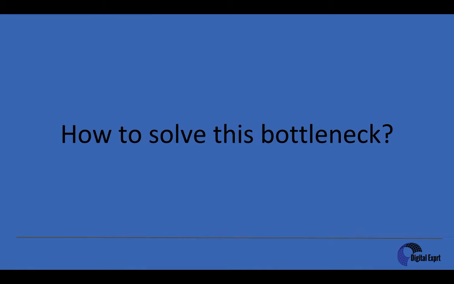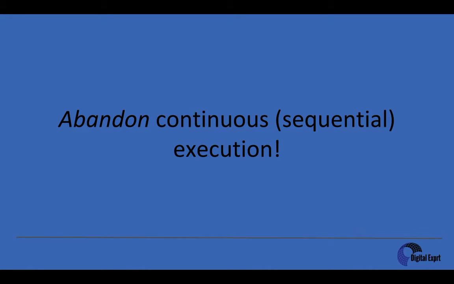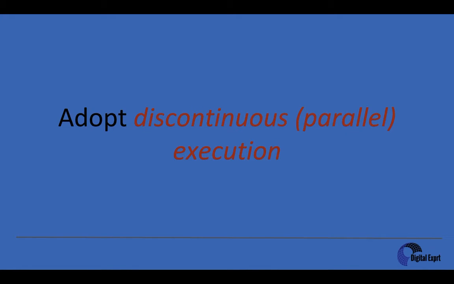So the only way to actually do it is to give up on continuous or sequential execution, because as soon as we are doing this sequential execution step by step while everything else waits, we are blocking. There's no other way to deal with it. And we need to switch over to adopting discontinuous or parallel execution. So now we need to re-engage the computing resources and not let so many resources just idle, fully occupied doing nothing.